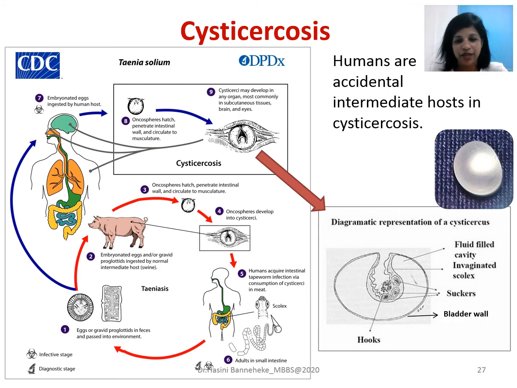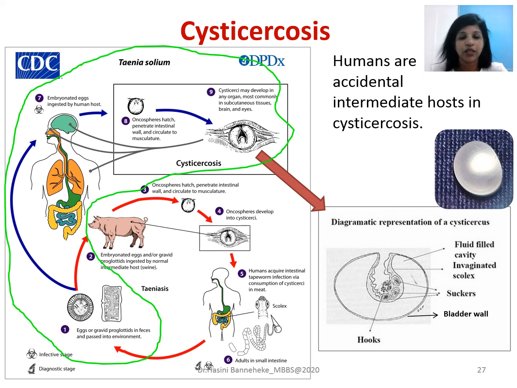So this is the life cycle which you saw earlier. I have taken only the Taenia solium life cycle for this because Taenia saginata does not cause cysticercosis. Here, if we concentrate only on man becoming an intermediate host, humans are the definitive host when we have the adult worm of Taenia solium.